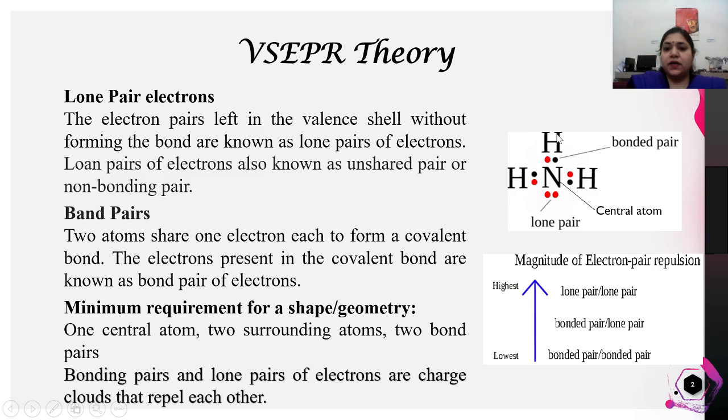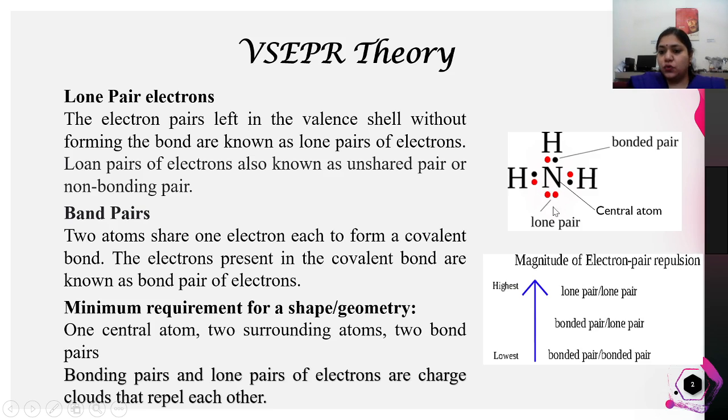Clear? It will be more clear with this example. The red dots are electrons of nitrogen and the black dots are electrons of hydrogen. These combinations of black and red dots are known as bond pairs because these are involved in the formation of a covalent bond between hydrogen and nitrogen.